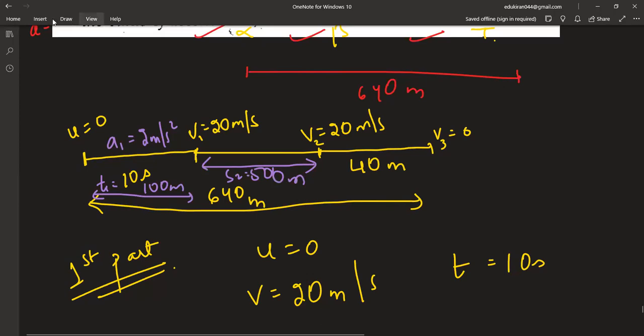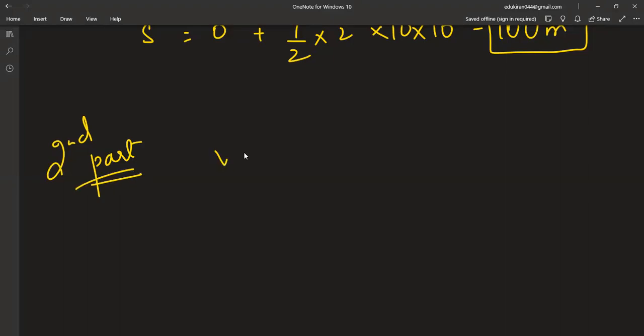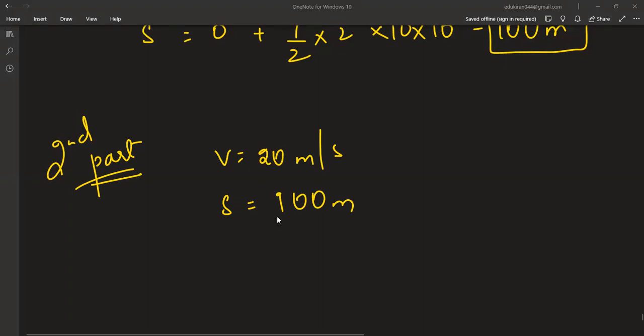So what will be the acceleration? Because velocity is constant. So for the second part, velocity is 20 meter per second. Distance is given as 500 meters. And what all things are there? Time at least we can find out.